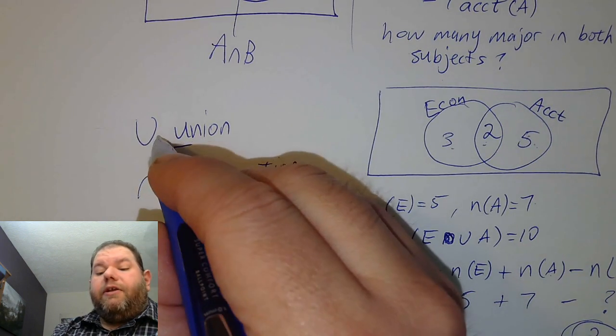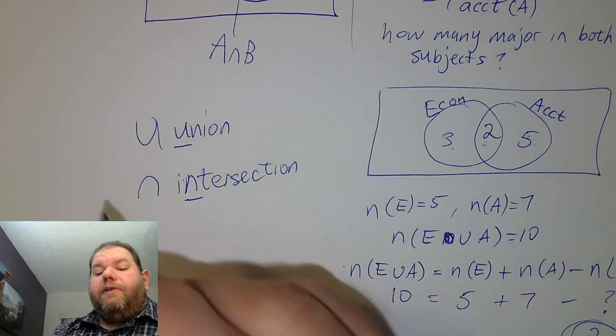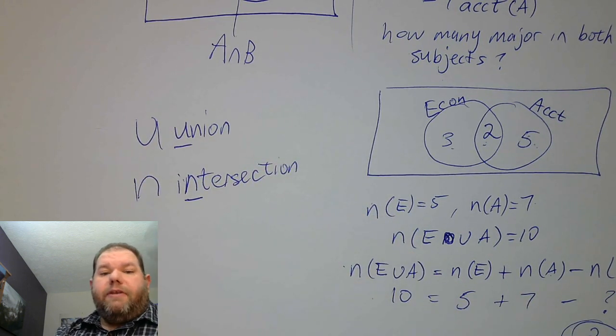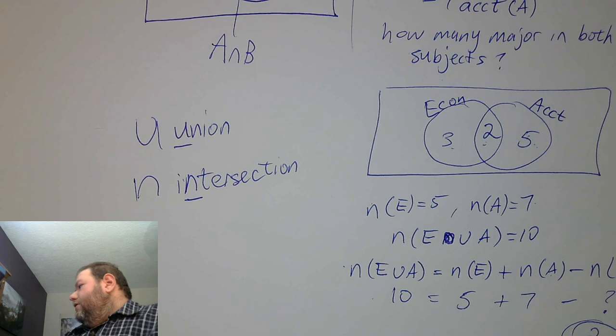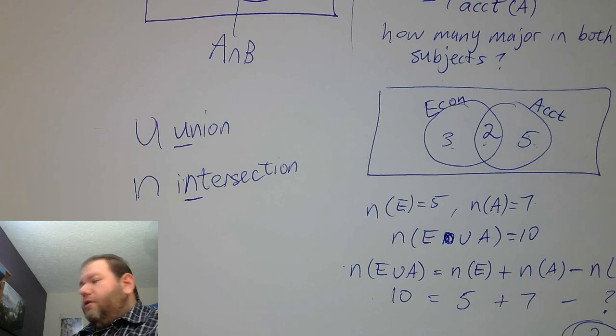This almost looks like a U, it's just missing that piece. This almost looks like an N, it's just missing that piece. So that's one way to think about it. Excuse me. And then the formula itself, yeah, that's another thing you have to memorize.